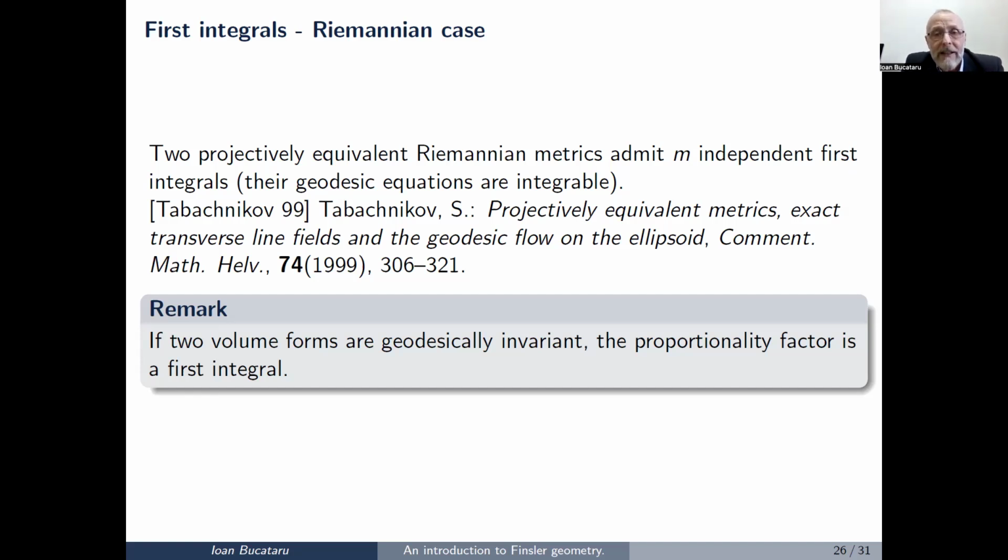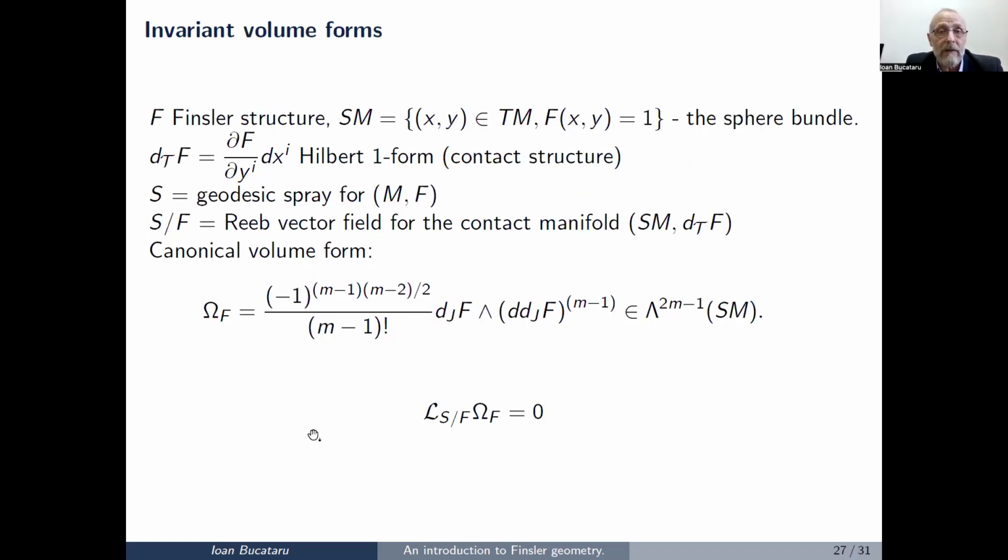Well, this is something done by Tabachnikov using geodesically invariant volume forms. There is another technique developed by Vladimir Matveev and Bolsinov. They use something different. So I tried to extend this technique to the Finslerian case, and I did it with my colleagues Oana Constantinescu and Georgeta Crețu.